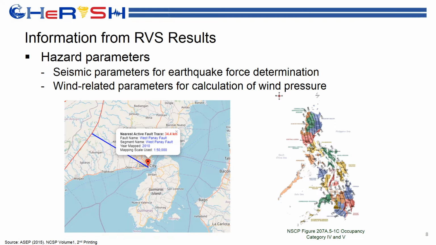And from that information, we can then determine the necessary seismic parameters that we can use for detailed assessment. Similarly, for wind, given the location of our building, we can also pinpoint the wind speed that we should use in the assessment of a given structure. So that is how information like the coordinates obtained from the RVS are important.